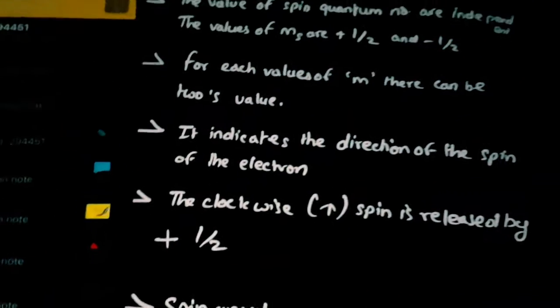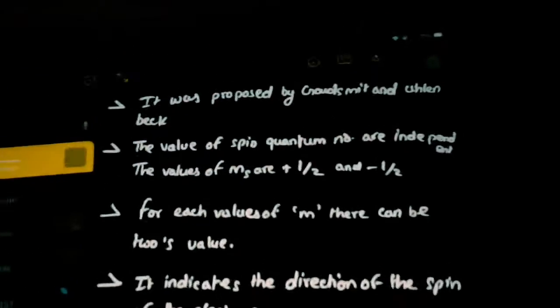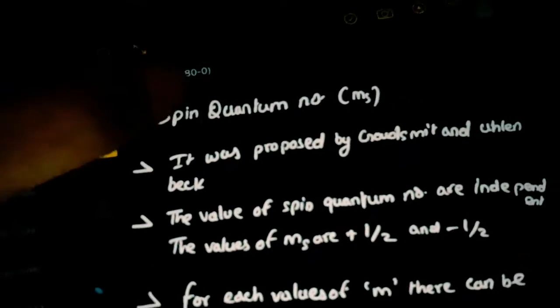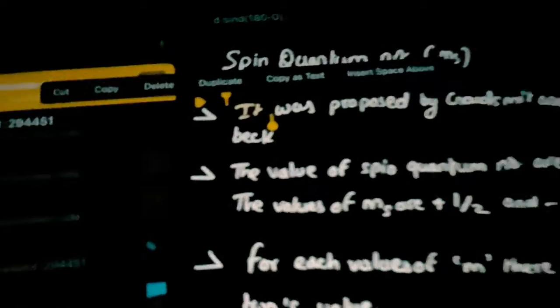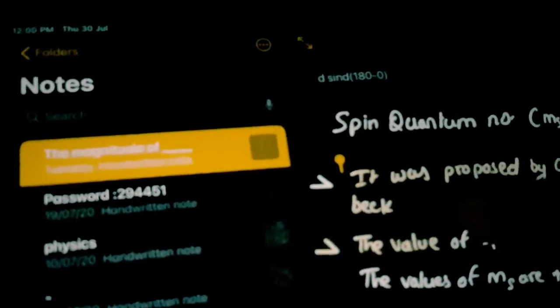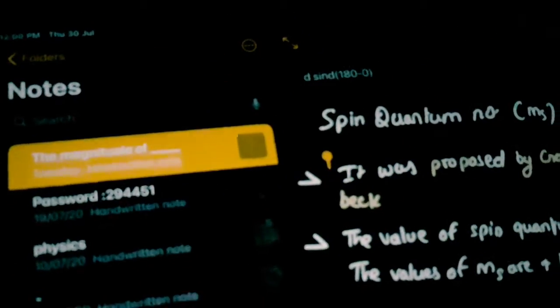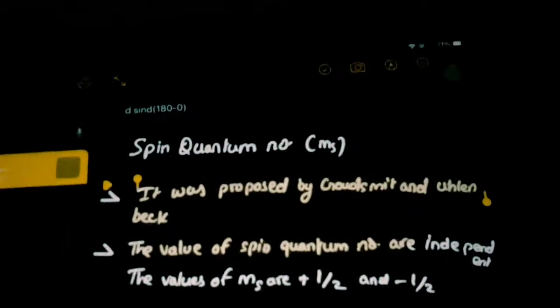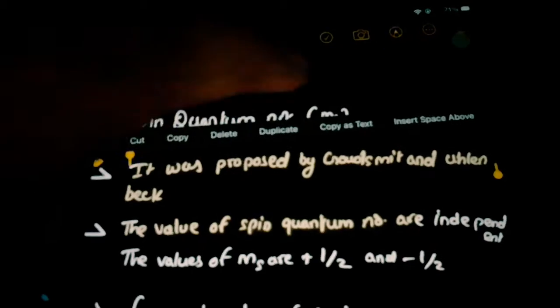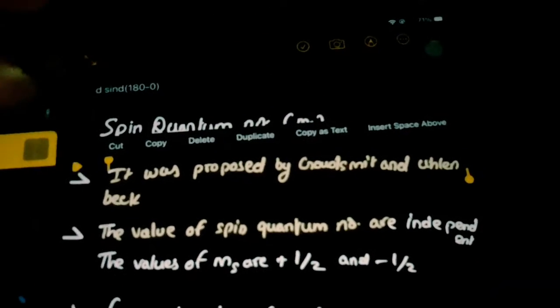Now you can see that I have written something with the Apple Pencil. If we select these letters, you can see there's an option to copy as text.